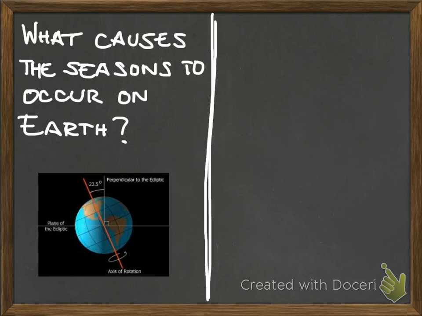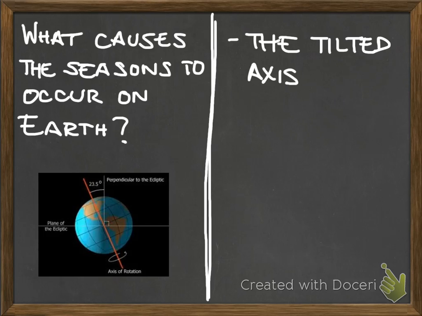So that is what accounts for the Earth's seasons, the tilted axis of the Earth. The key word here being tilted. Because if it wasn't tilted, then we wouldn't have the same seasons that we do. But because the Earth is tilted, that causes us to have winter, summer, spring, and fall.